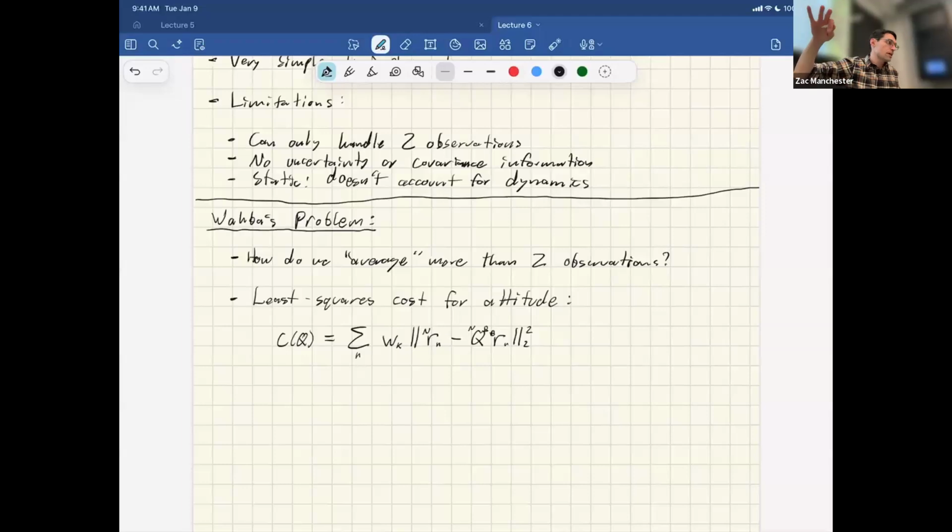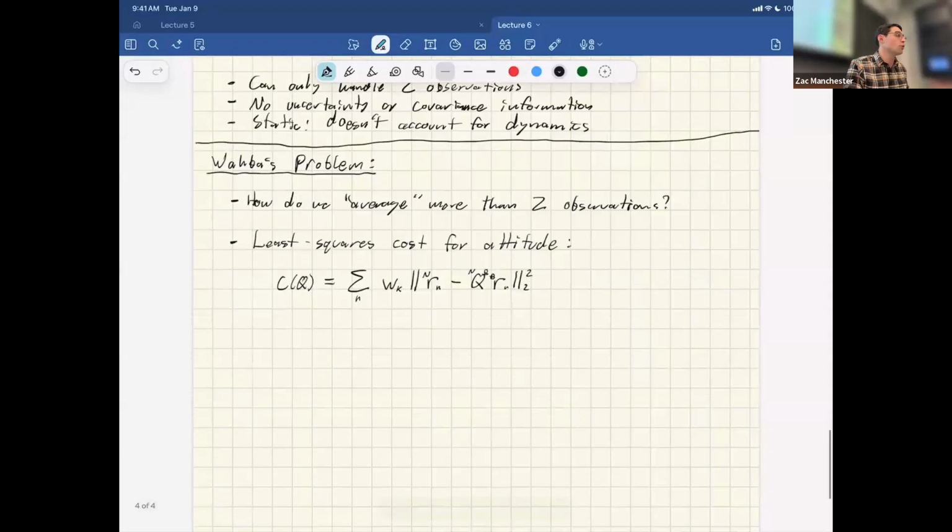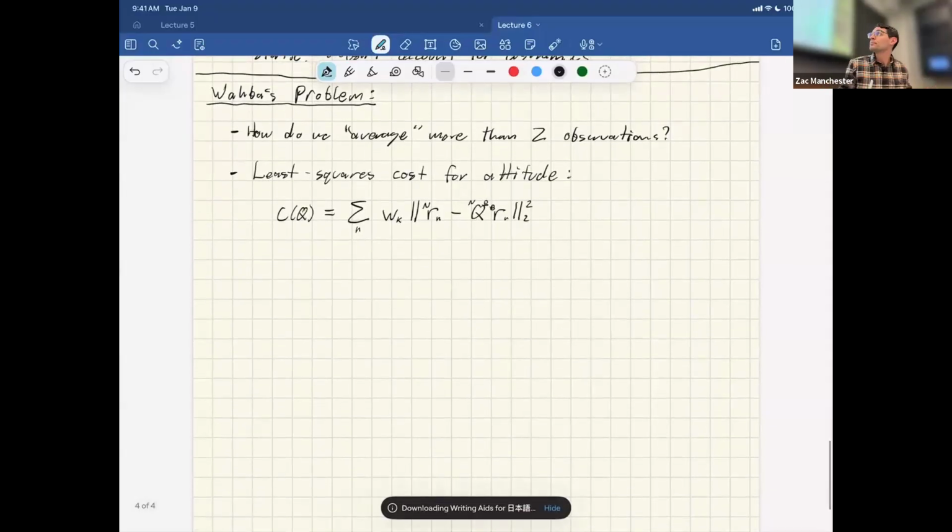So if there's no noise and you know the attitude perfectly, this should all be 0, and then you sum up the errors and it's all 0, right? If there's noise and inconsistency in the data, then you'll have some residual error in here. The problem is going to be to minimize the sum of the squares of the errors. So this is how you write down a least squares problem for attitude. And to be clear, the R's are the data that you're given, and the Q is the thing you're solving for. So it's a little weird.